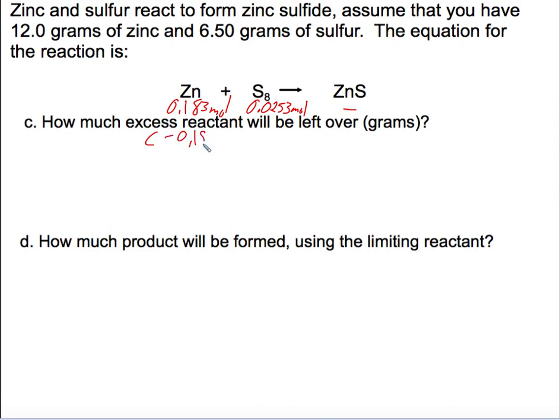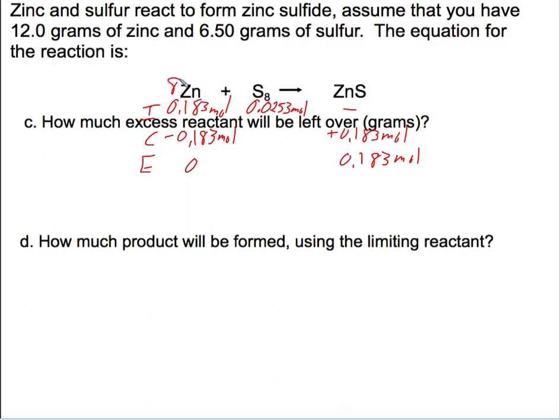I'm going to subtract 0.183 moles from there, and I'm going to add 0.183 moles here. So this is I, this is C, and my end value, this is going to be 0, this is going to be 0.183 moles, and then I just need to figure out my sulfur.